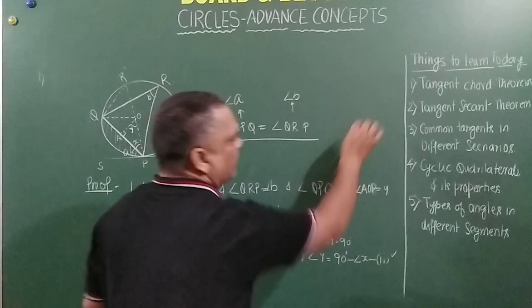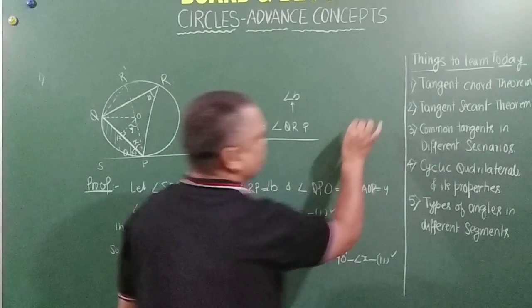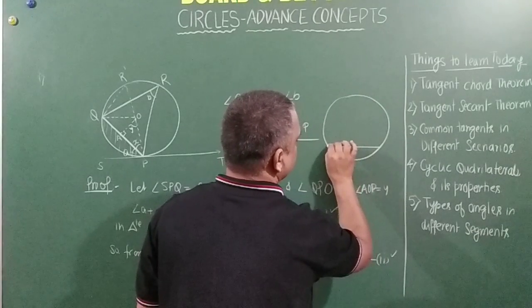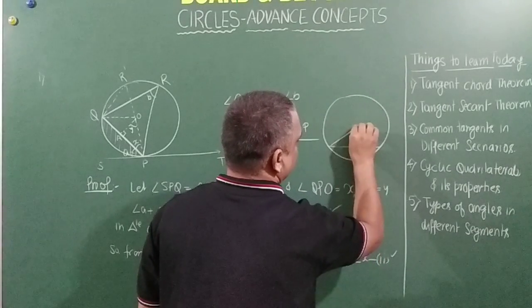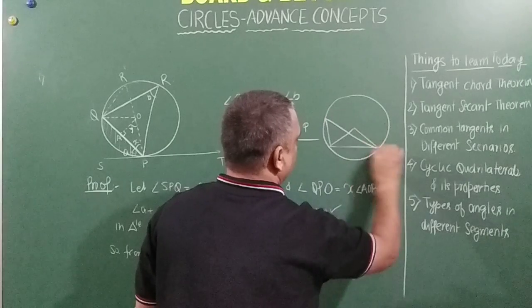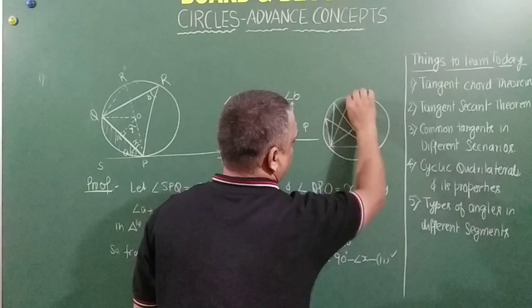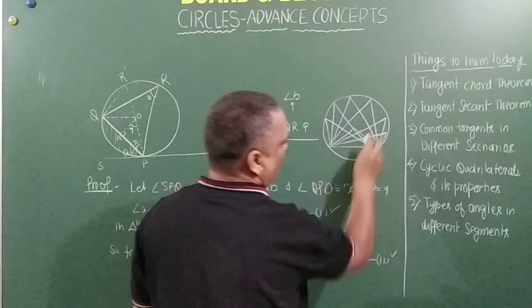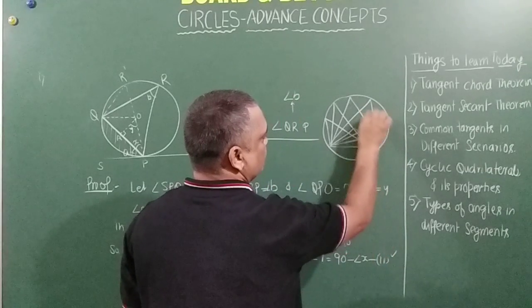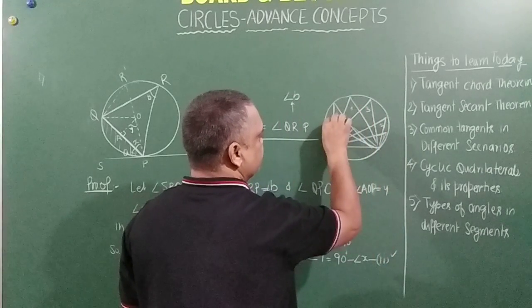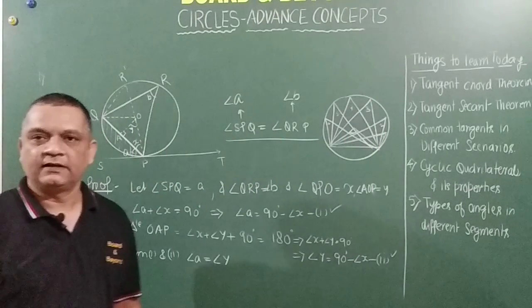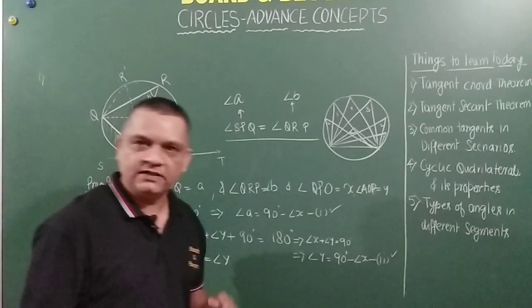You remember a circle where I drew something like this, just to recollect. This is the center of the circle. I joined it like this, and so all these angles, friends, 1, 2, 3, 4, 5, 6, all these angles will be half of this angle, right? So this is what one of the theorems says.